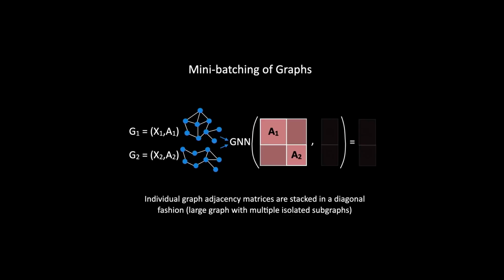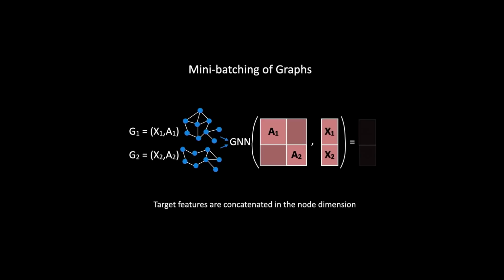Since G1 and G2 are separate graphs, none of the nodes in graph G1 will be connected to nodes in graph G2 and vice versa. So the off-diagonal of the stacked adjacency matrix will contain all zeros. The stacked adjacency matrix thus represents a large graph with multiple isolated subgraphs. The node features for the individual nodes in the different graphs are concatenated in the node dimension, as you visualize here on screen.